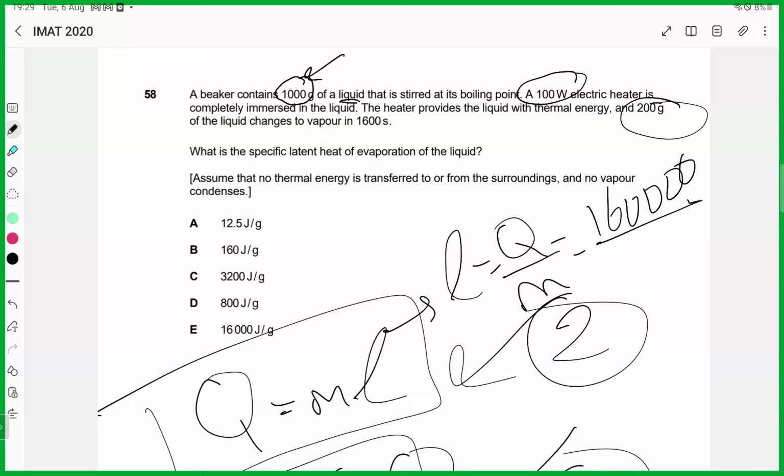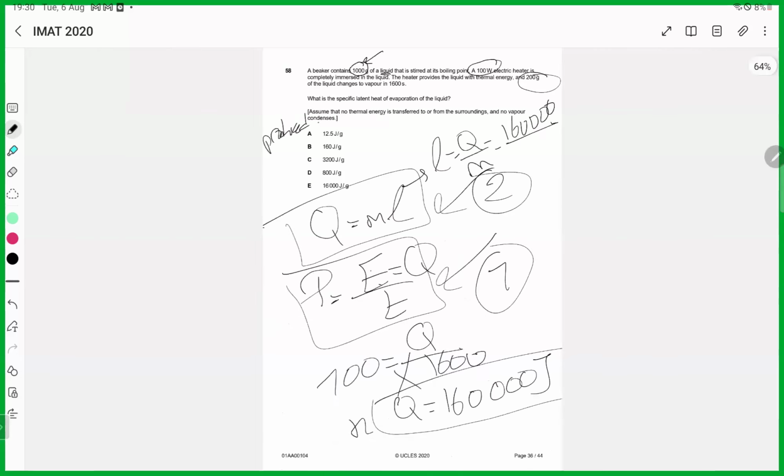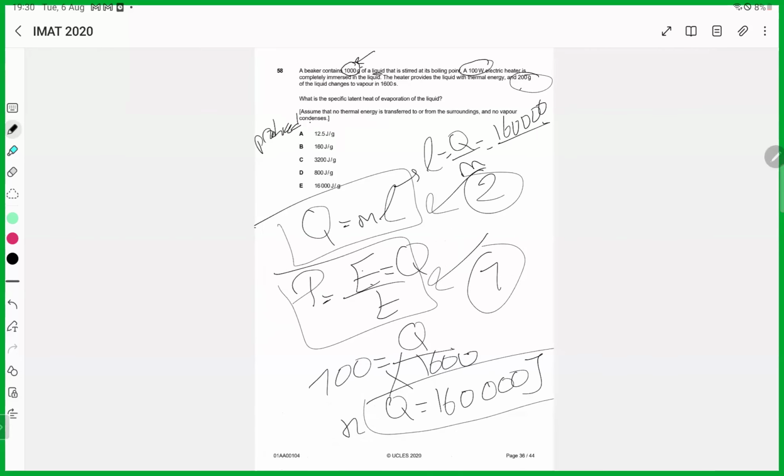So they just put two masses for you to fall, but a person should know that he should use the last mass, which is the 200. So you divide by 200, take off the zeros. 1600 over 2 equals 800, which is this.